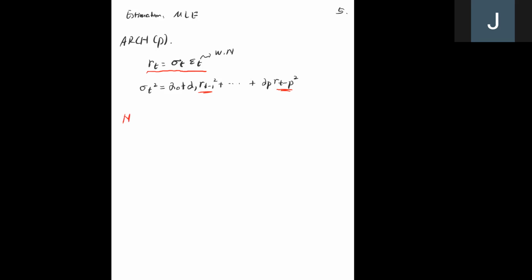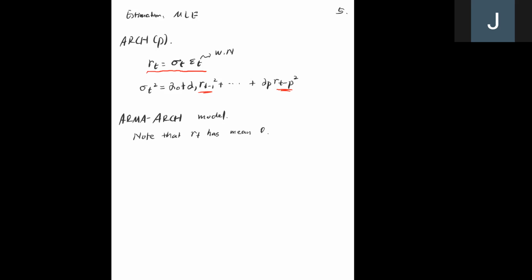We can actually introduce more features in this model. So this is an ARCH(P), right? We can make it an ARMA-ARCH(P) model. How to do that? First note that this RT has mean 0.